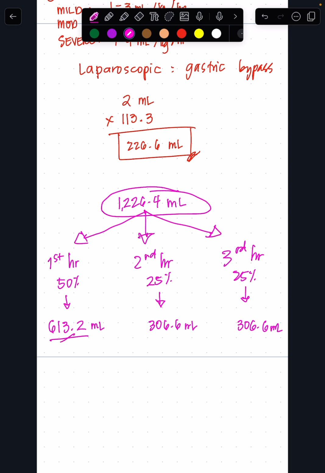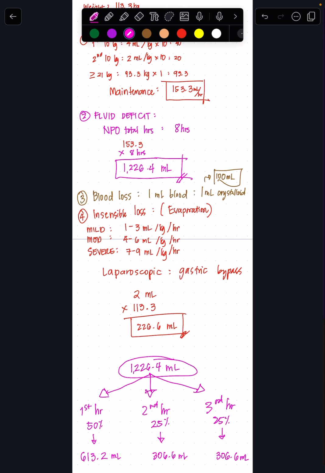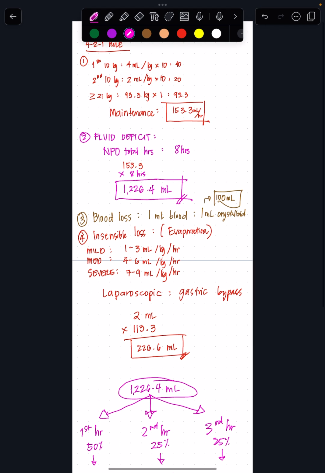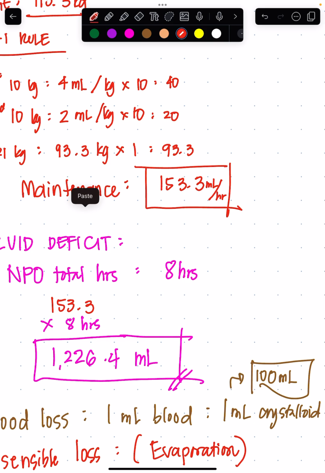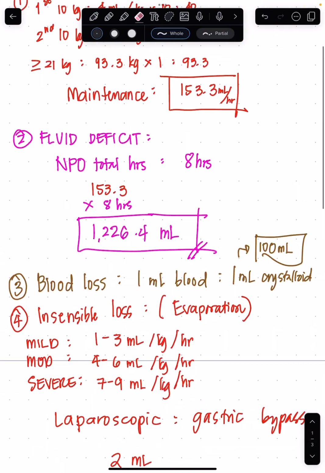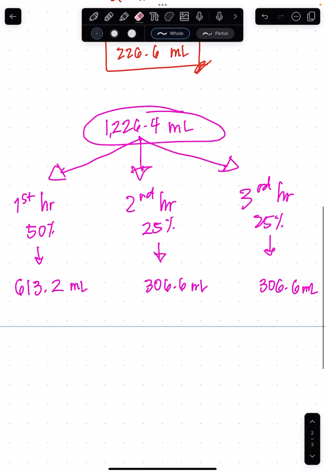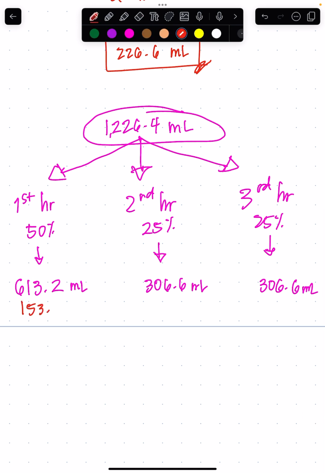So now that we know how much we need to replace for the fluid deficit, we need to add in our maintenance here. So let's add it in, and it's 153.3.